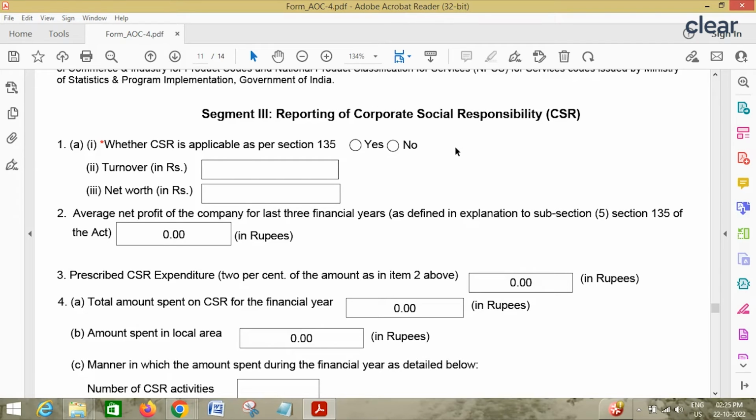Next is the provisions relating to the CSR of your company. Select whether the CSR is applicable for your company.